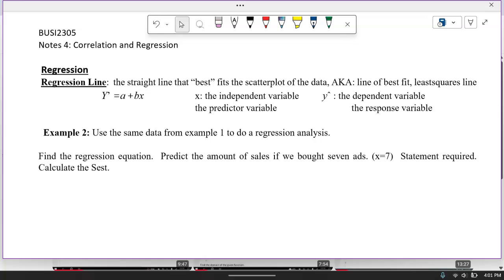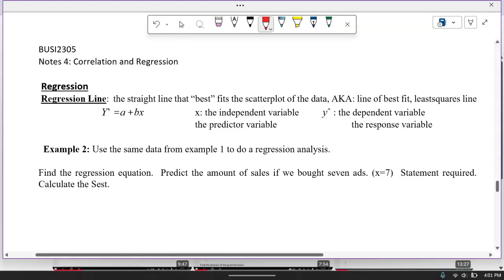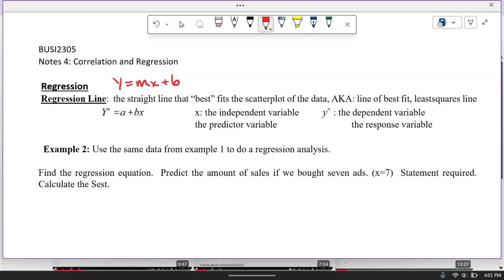Now, this is also very similar to, in algebra, your y equals mx plus b. Notice that m in algebra is our slope, whereas in this one b is our slope, and our b that used to be our y-intercept is now our a in statistics.